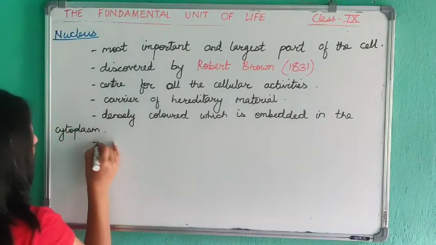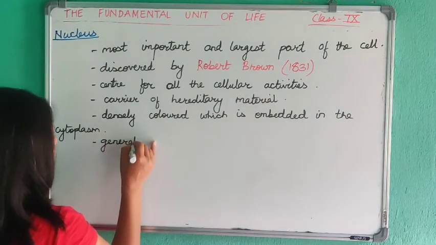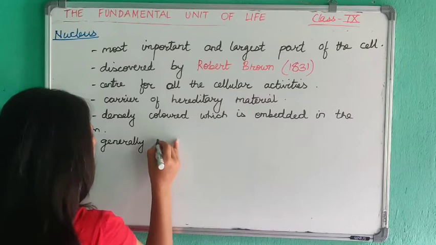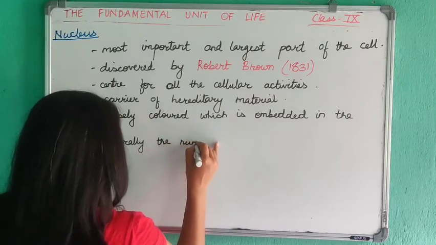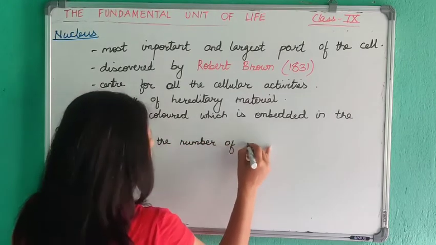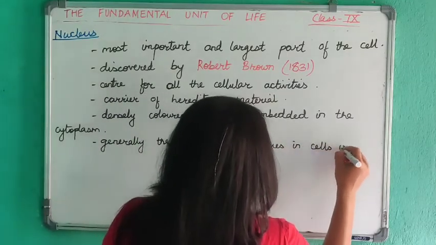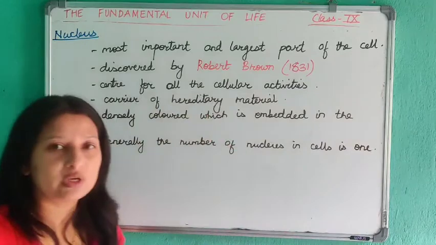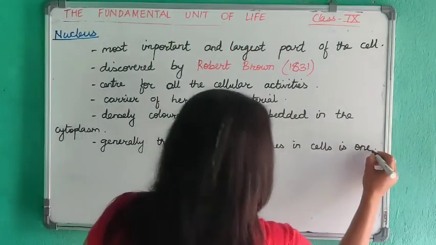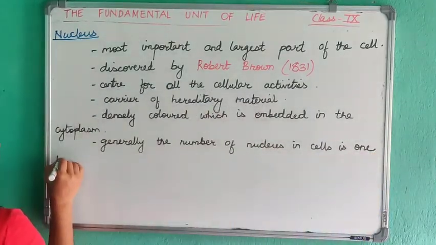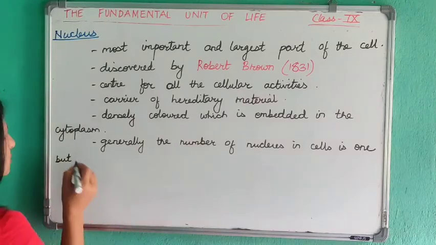Generally the number of nucleus is 1, usually 1 हुन्छ. The number of nucleus in cells is 1. भनेको एउटा सेलमा एउटा मात्रै न्यूक्लियस हुन्छ, but there are certain cells which contain 2 nucleus also and many nucleus also.